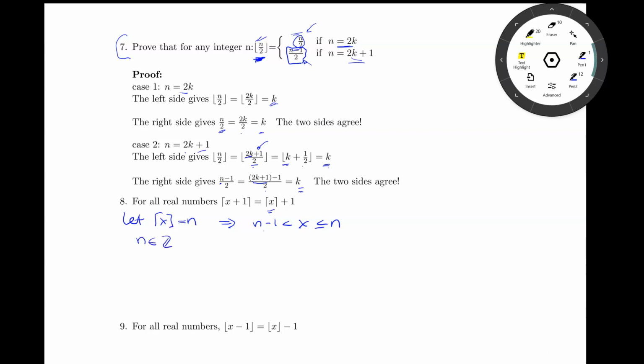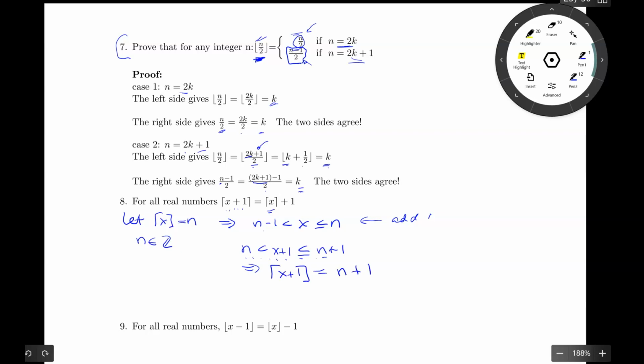Okay. So where am I trying to go? I want x plus 1 in my ceiling. So let's take this line right here and add 1 everywhere. So I have n plus 1, x plus 1, n plus 1. So what does this line right here tell me? This tells me that the ceiling of x plus 1 is n plus 1.